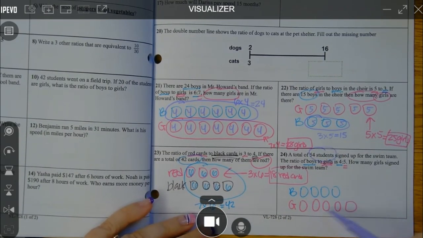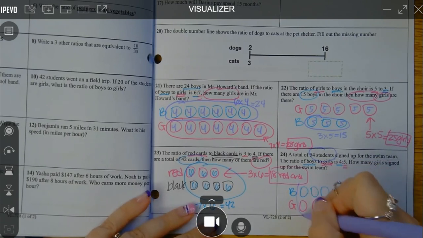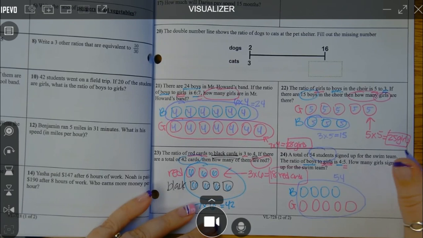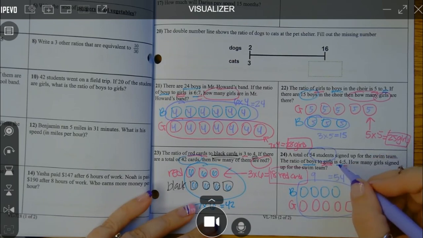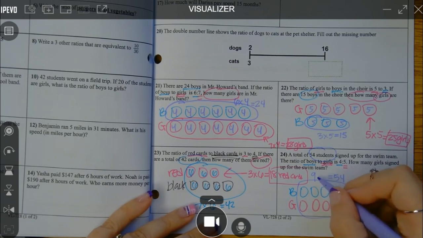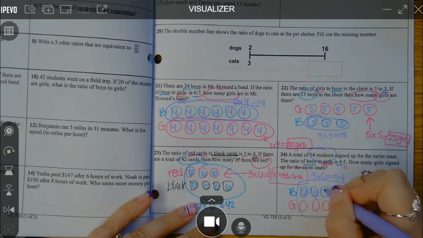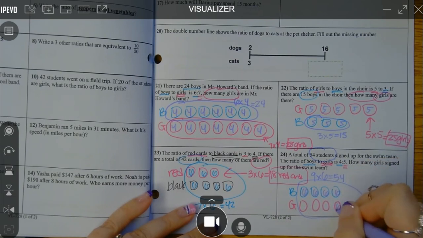Do I circle the boy boxes or the girl boxes? All the boxes, because it's the total number of students. Well, 54 is the total value, and how many boxes equal that? 1, 2, 3, 4, 5, 6, 7, 8, 9 boxes, because 4 plus 5 is a total of 9, right? So 9 times what gives me 54? Yeah, 6. So each box has a value of 6.